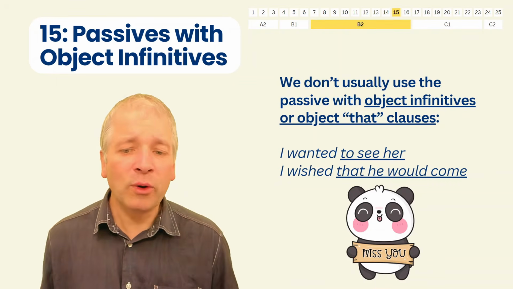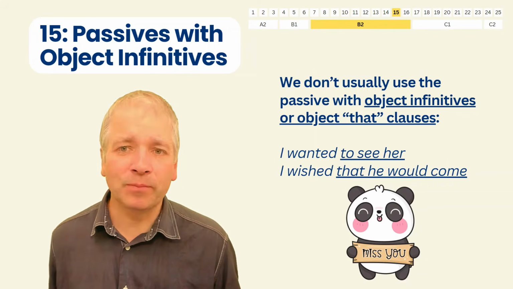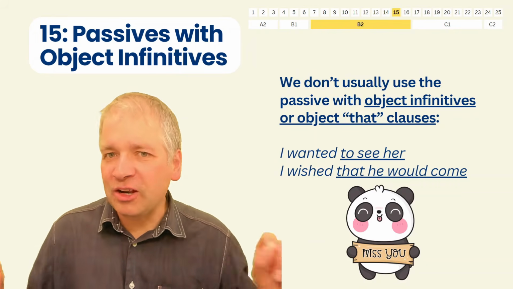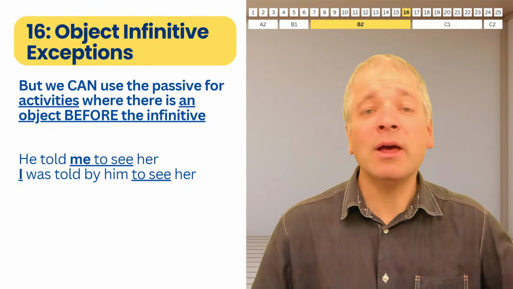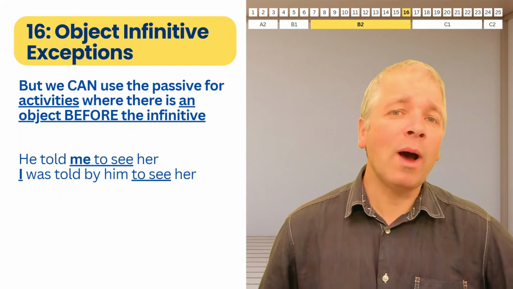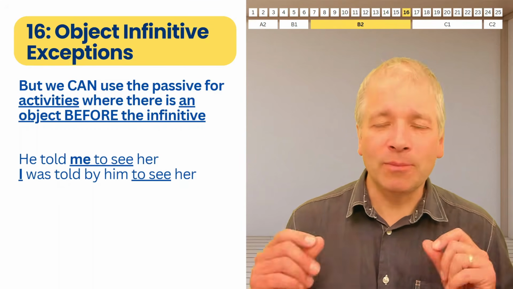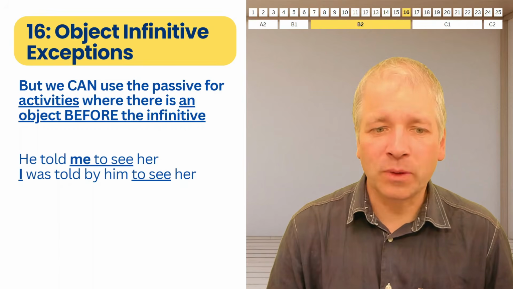It's also true with that clauses as well. I wish that he would come. We cannot change this into the passive, except that is in certain conditions. Here is a way in which we can make the object infinitive into a passive form.